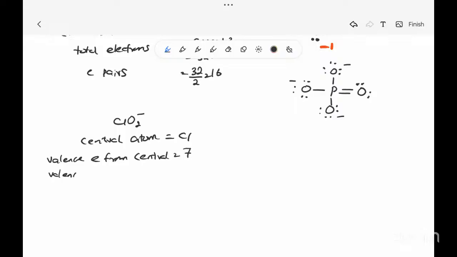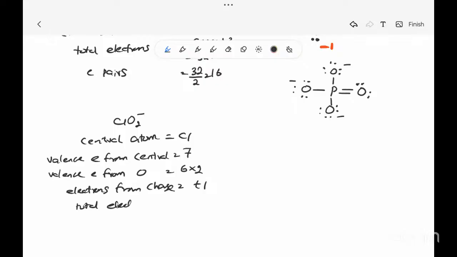Then valence electrons from oxygen, that is 6 into 2. Electrons from charge, that is +1. Total electrons, that is 7 plus 12 plus 1. So this is altogether 20.